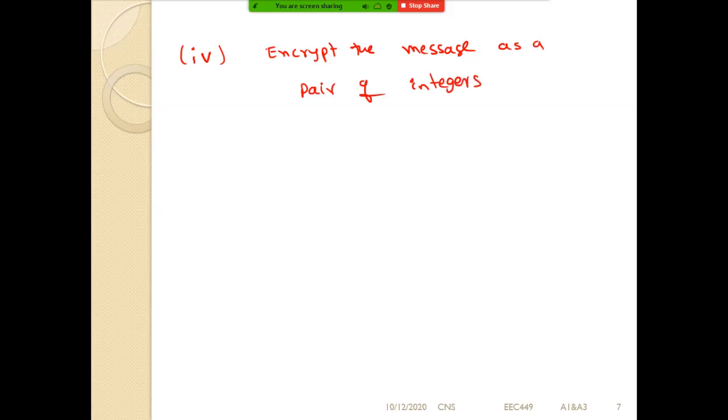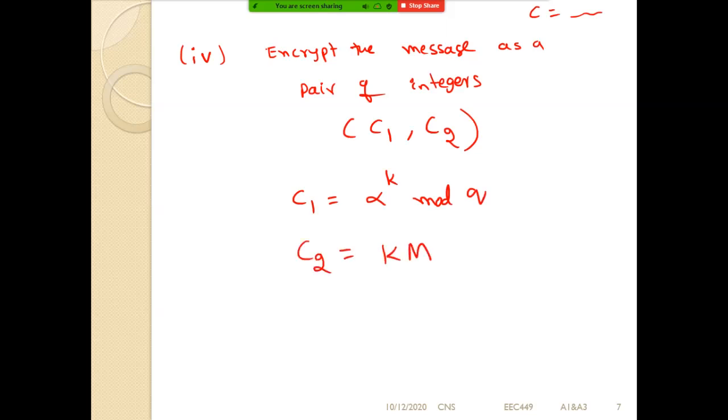Generally ciphertext will be C equal to some value, but in this encryption process it is a pair of integers called C1 comma C2. C1 is equal to alpha power small k mod q, and C2 is the main part, which is capital K into message value mod q. This is generally the ciphertext.